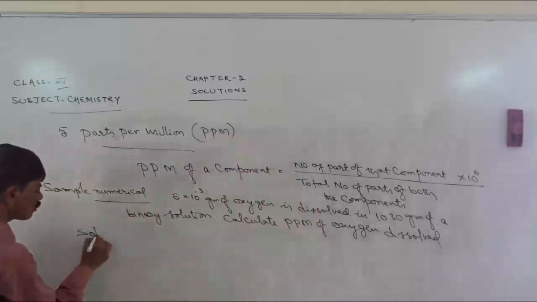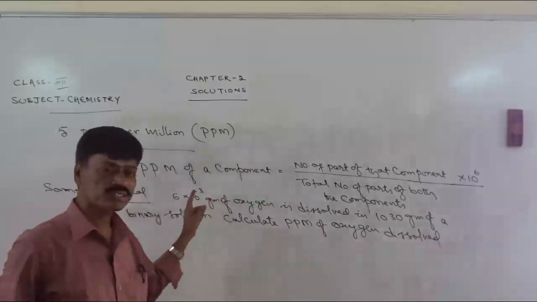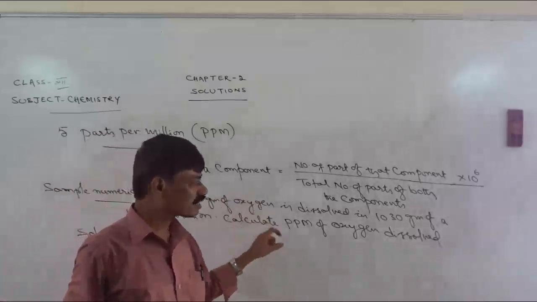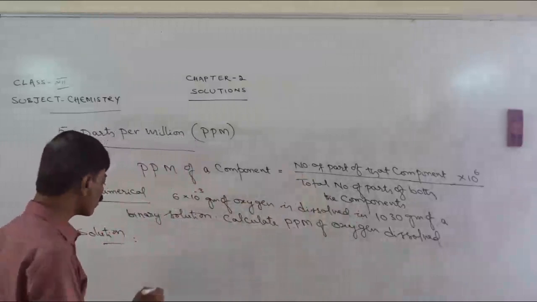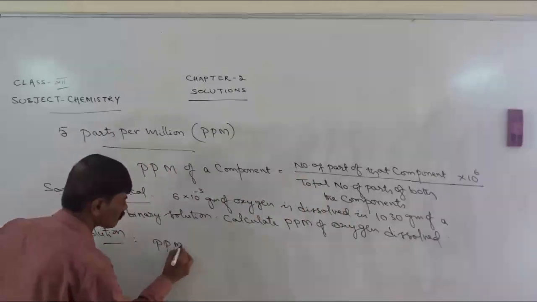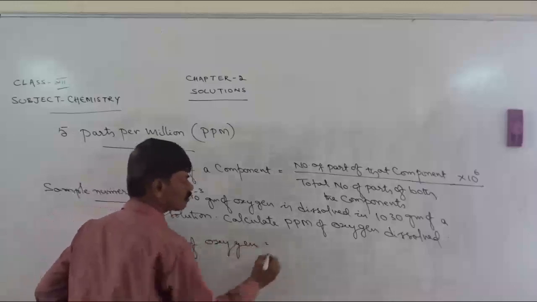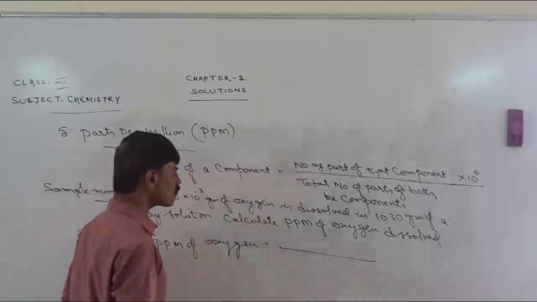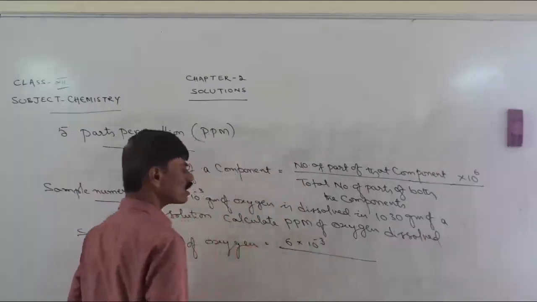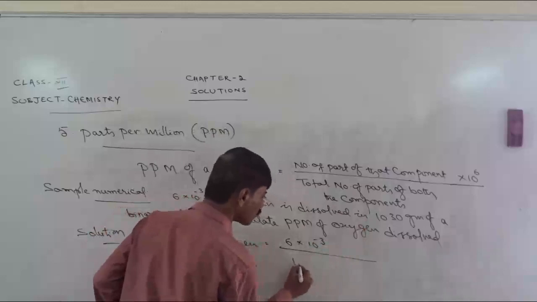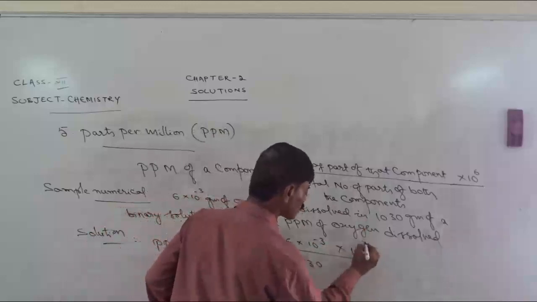You need to write this data: mass of oxygen gas, mass of the solution. Thereafter, ppm of oxygen is equal to the mass of oxygen, 6 into 10 raised to minus 3, divided by the mass of both the components together, 1030, multiplied by 10 raised to 6.